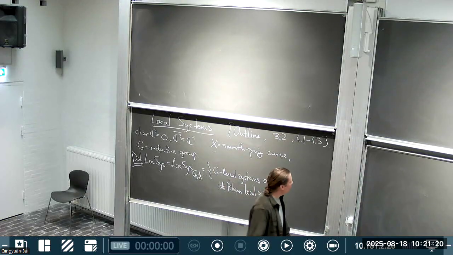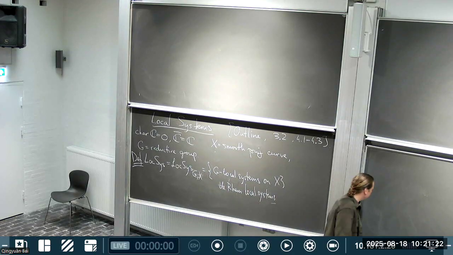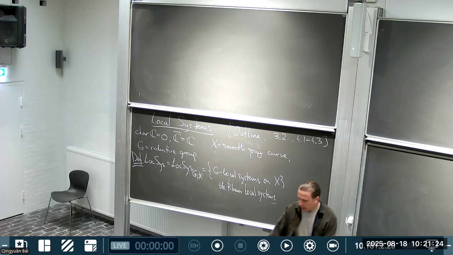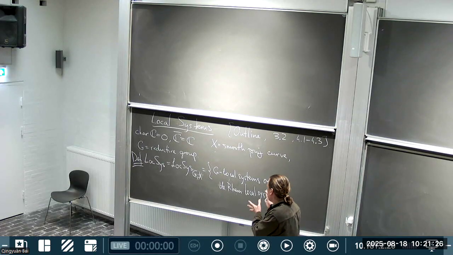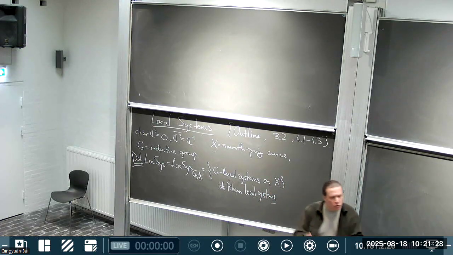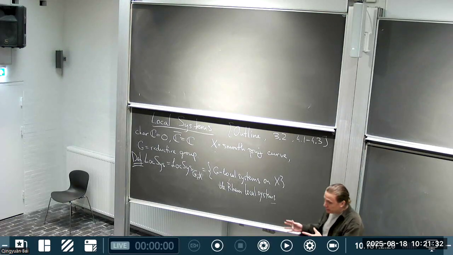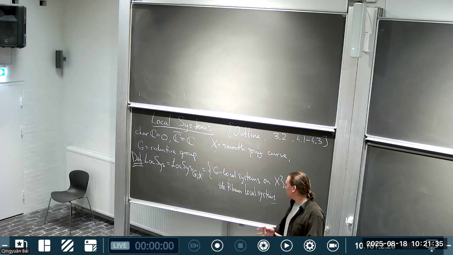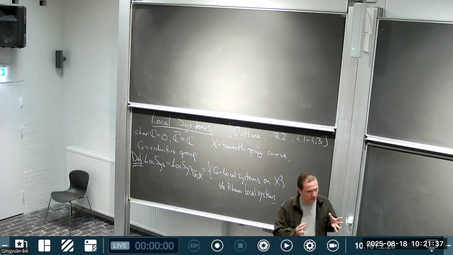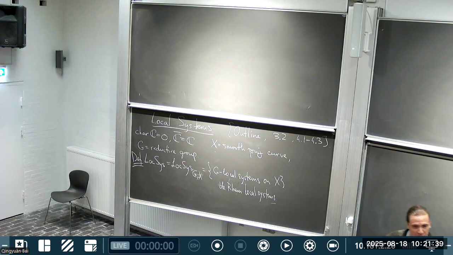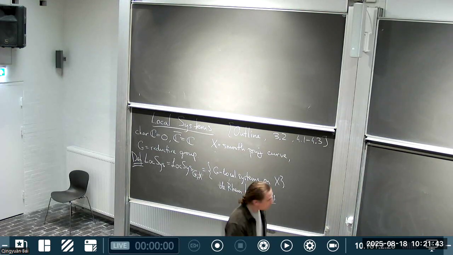And there are, at least as I see, two ways of thinking about the de Rham local systems. There is maybe a more classical approach where you think of a local system as a bundle with an integrable connection. So let's talk a little bit about this.